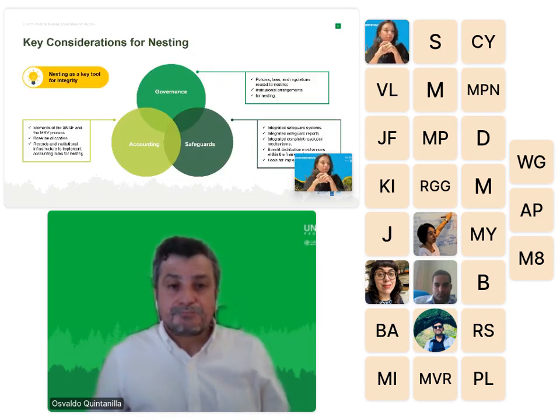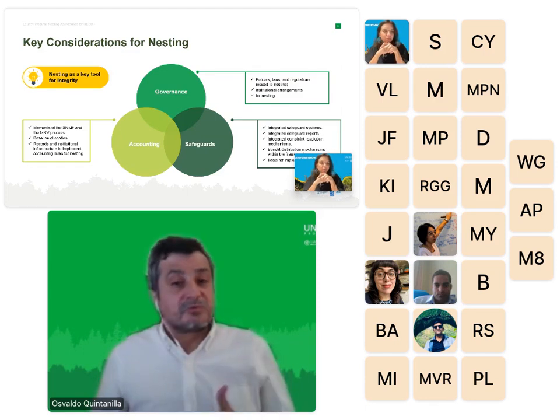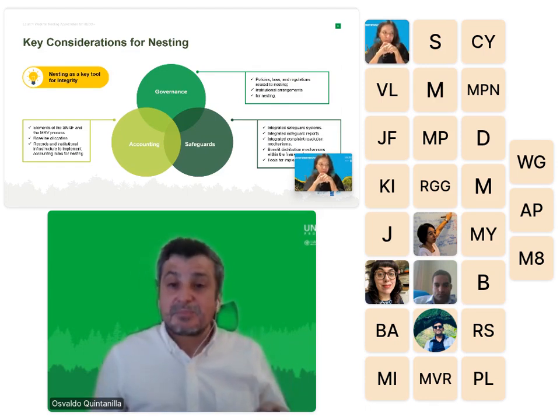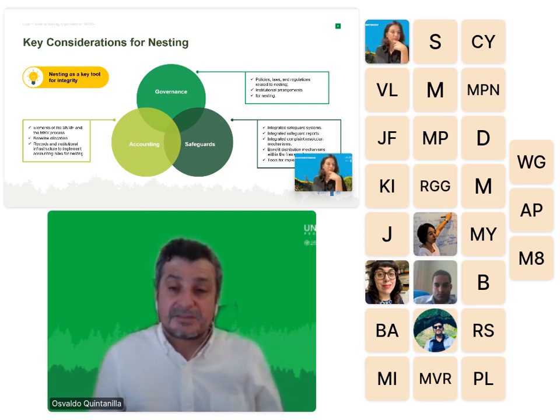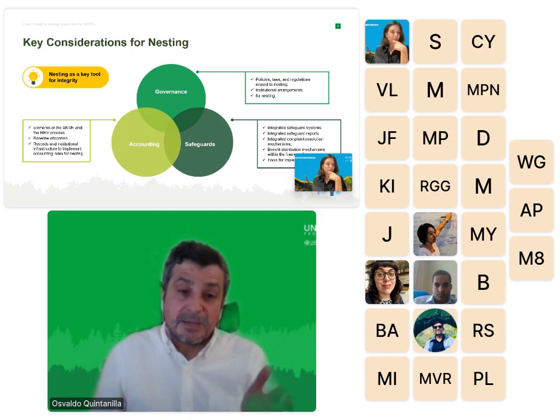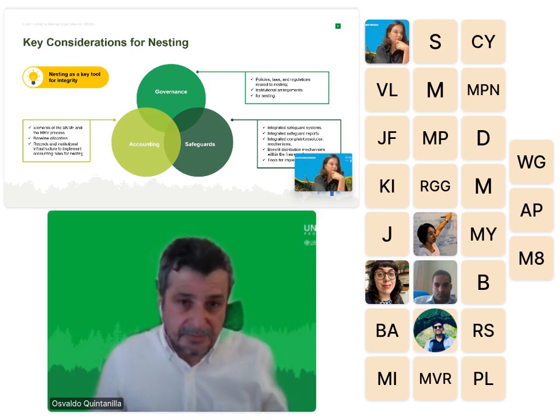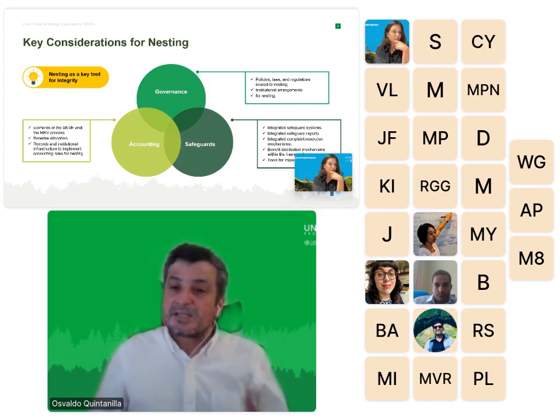Once you decide to move forward with nesting, it's important to set clear priorities and consider key national circumstances. Successful nesting rests on three main pillars that you can see in this slide, and probably you are very familiar with them: carbon accounting, governance, and safeguards.